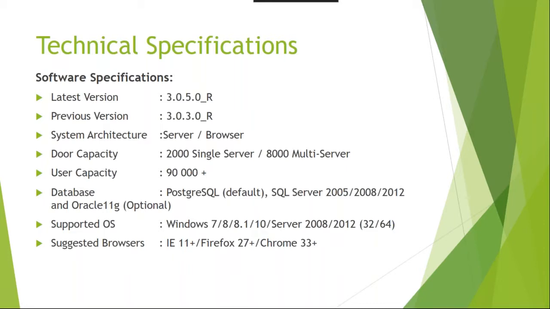The default database is PostgreSQL, but it also supports SQL Server and Oracle. The supported operating systems are Windows 7, Windows 8, Windows 8.1, Windows 10, and Windows Server 2008 and 2012, regardless of operating system bits, whether 32 bits or 64 bits.